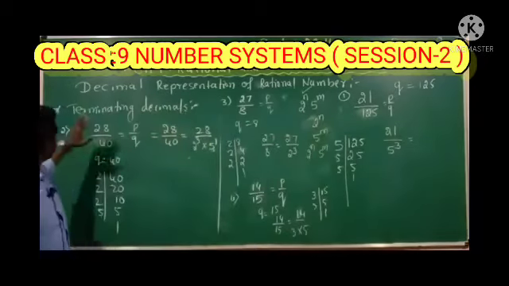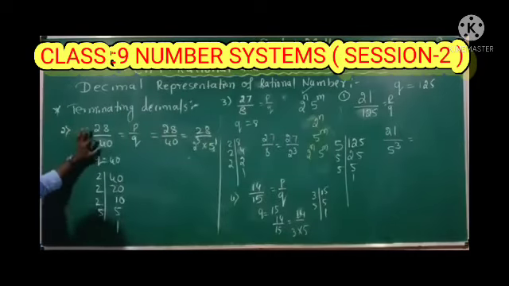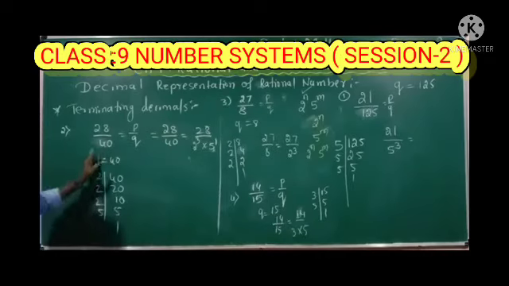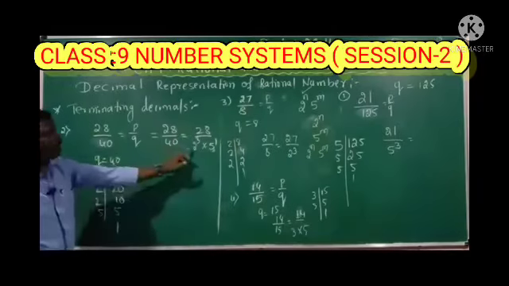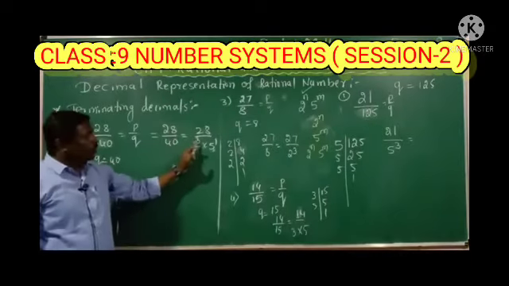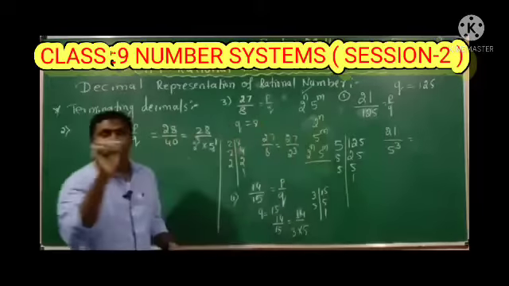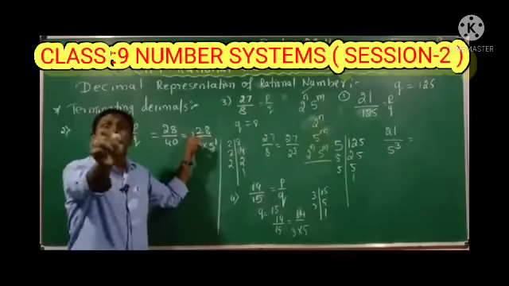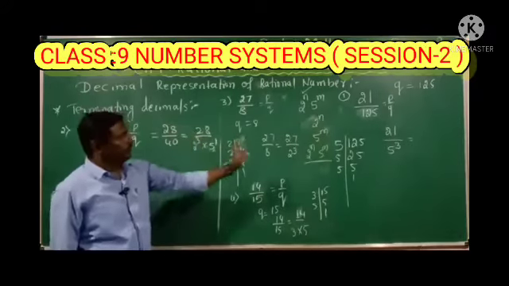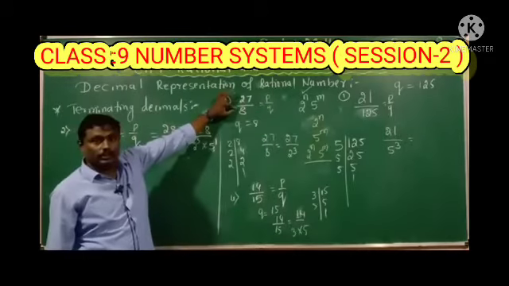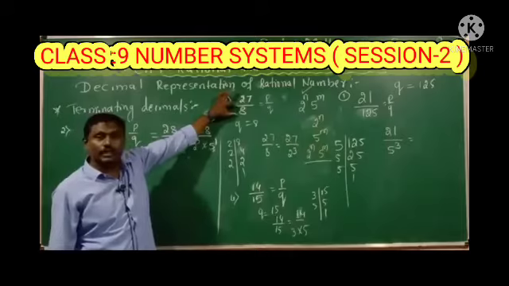Now in the second question, 28 by 40, 40 is the denominator value. When I factorize that 40 with the help of the prime numbers, I will get 2 cube into 5 raised to 1. Again it is in the form of 2 raised to n and 5 raised to m. So it is also a purely terminating value. Next, come to the third one, 27 by 8. The denominator value is 8.